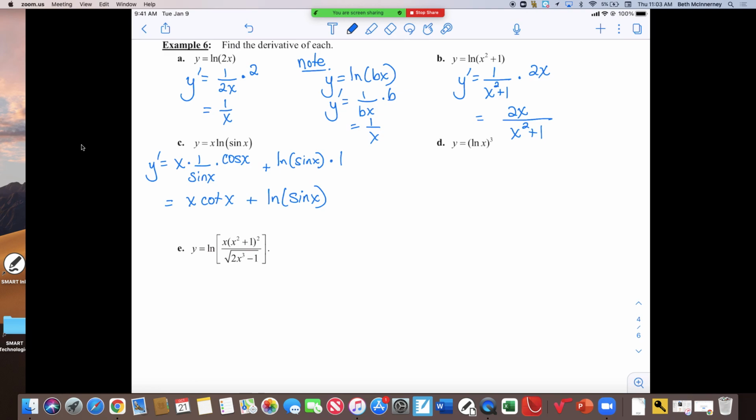All right, try letter D for me. Y equals the quantity natural log of x cubed.